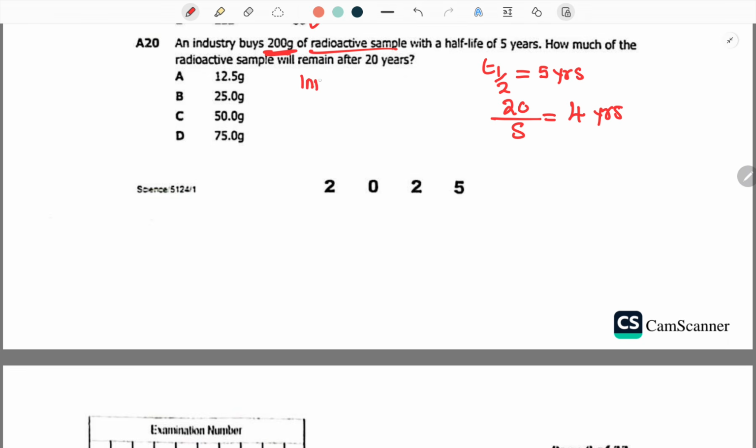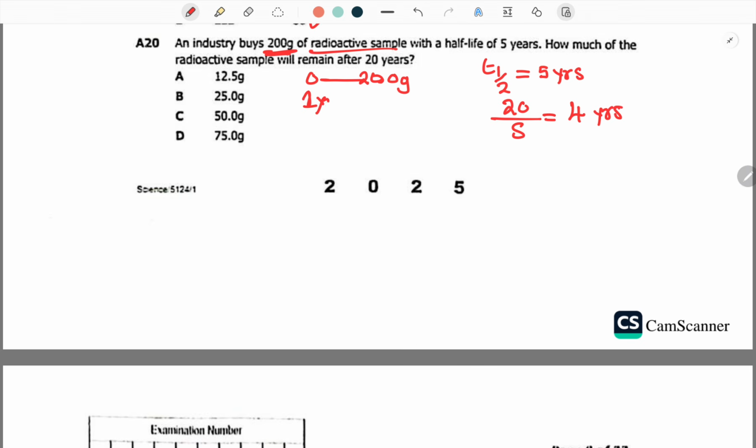So at 0, you're going to have 200 grams.